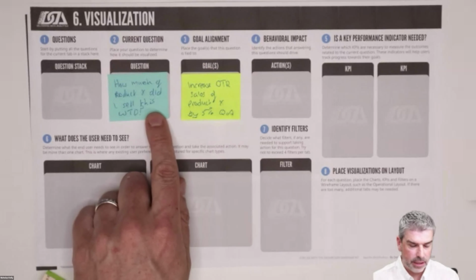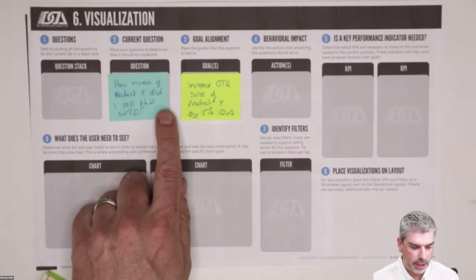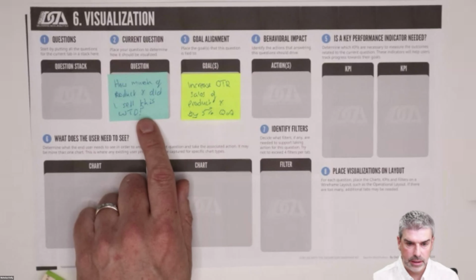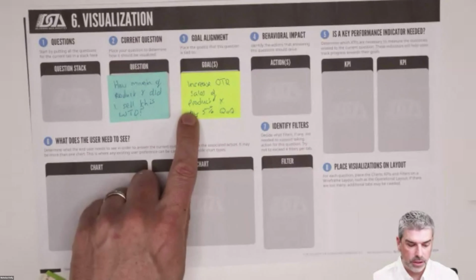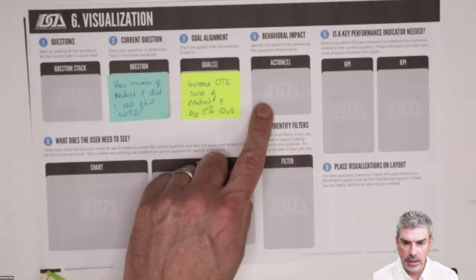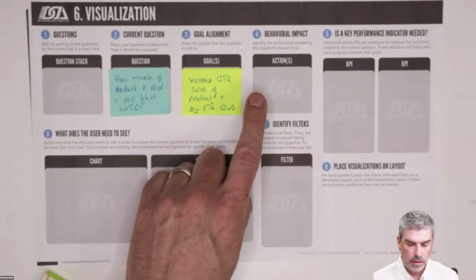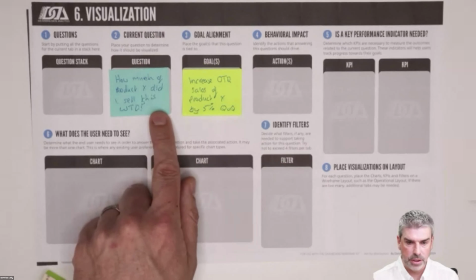If I can answer that question, how much of product X did I sell this week to date? It's aligned to increasing sales of product X every quarter. What action am I going to take? Like, why is this important? Why do I care? So what am I going to do with this information?